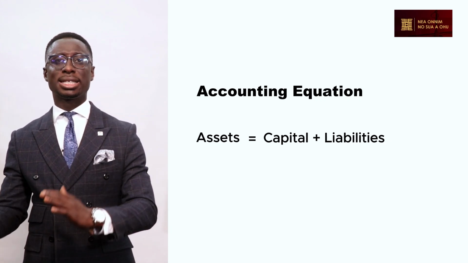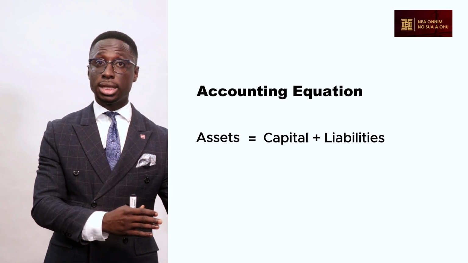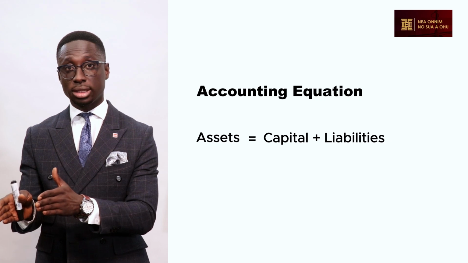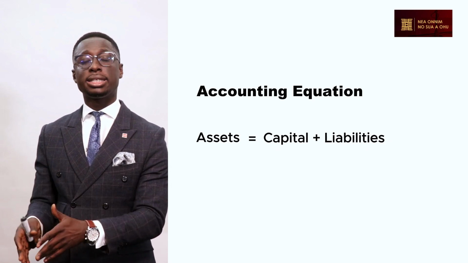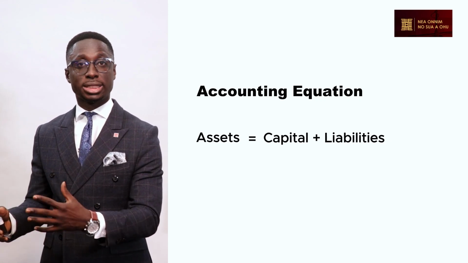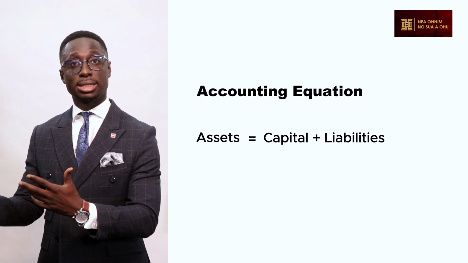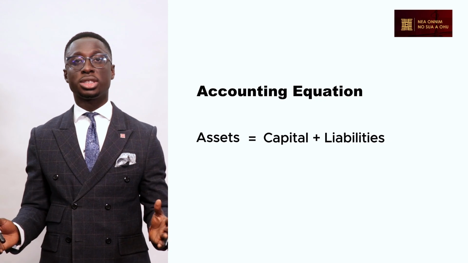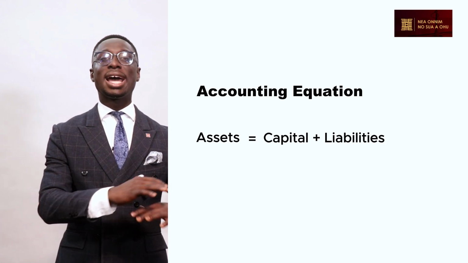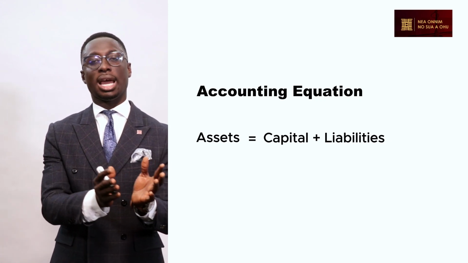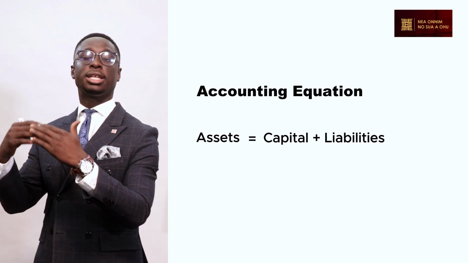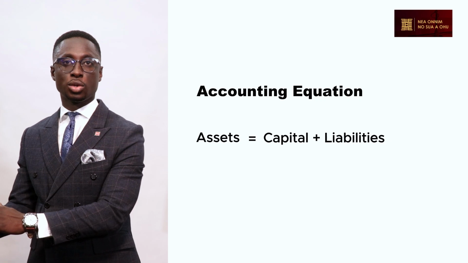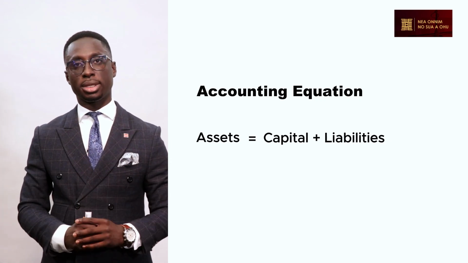But then how are the assets financed? They are financed from the contribution of the shareholders or owners, which we call capital, and the loans or credit that it will take from its lenders and creditors, the liabilities. What in essence the accounting equation tells you is that the assets of the company are financed by the contribution of the shareholders and the lenders and creditors who lend to the company.